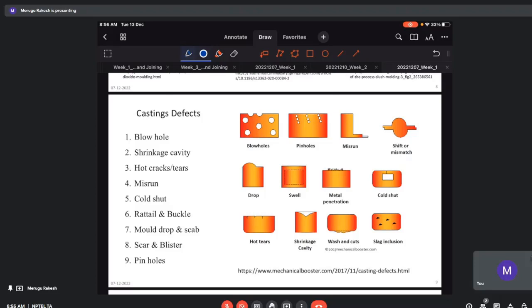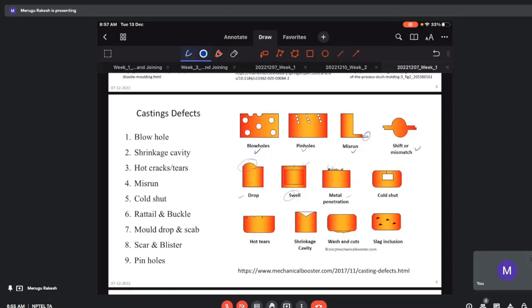So these blowholes occur due to the moisture present in the mold or gas entrapment, and similarly for the pinholes, but the size and the group you can see. Misrun is incomplete filling. Mismatch is where the cope and drag are not aligned properly. Swell: this is the actual dimension we required, but this is the dimension that we got finally.